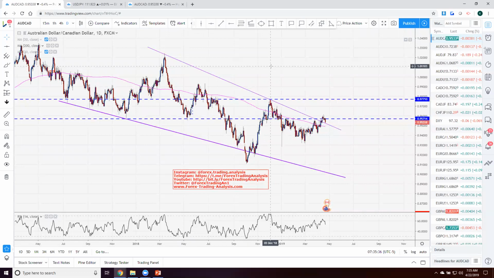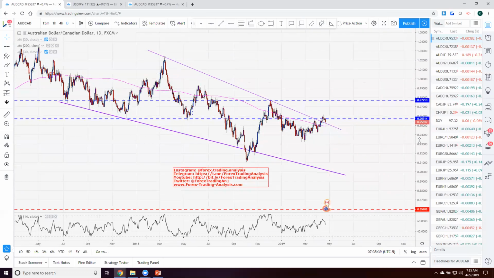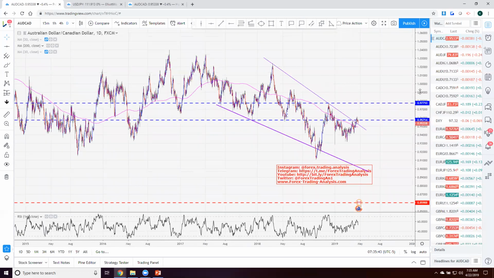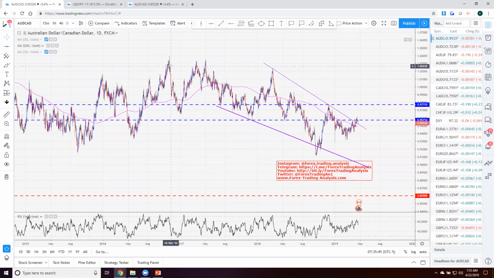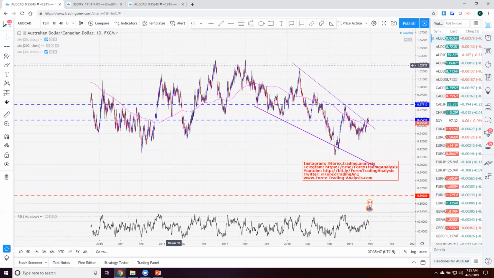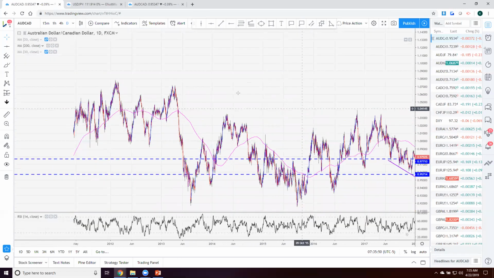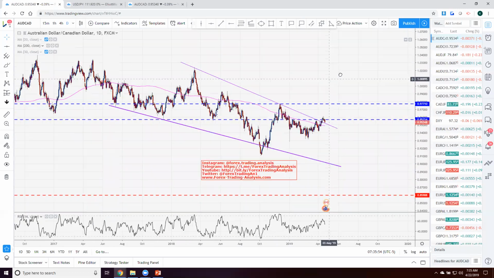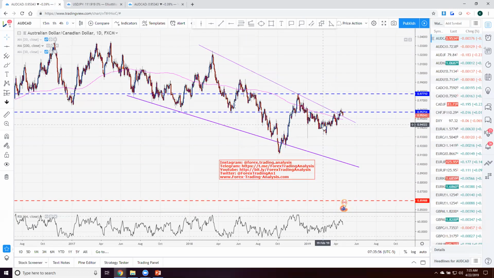Here I am showing the daily Aussie CAD. As you can see, we've had kind of a bearish trend since the end of 2016, and actually before that, but most recently 2016. So kind of in a consolidating pattern, going down.